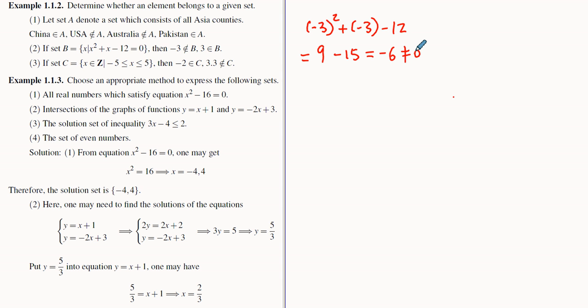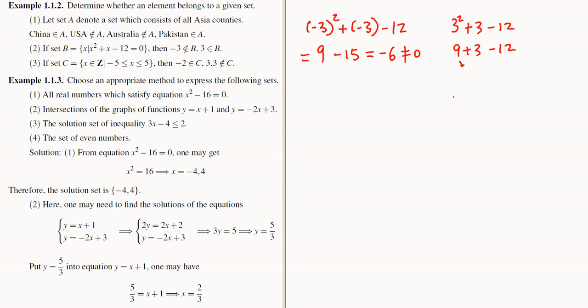All right. So how about +3? If you plug in +3, there is no problem. 3 squared plus 3 minus 12. Here you have 3 squared, which means 3 times 3, which is 9, plus 3 minus 12.